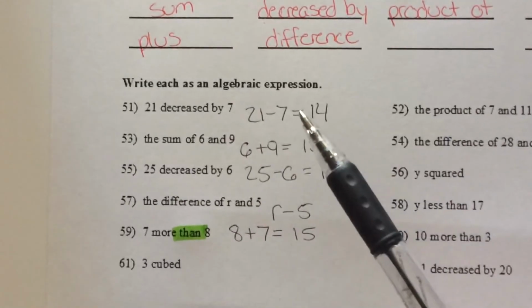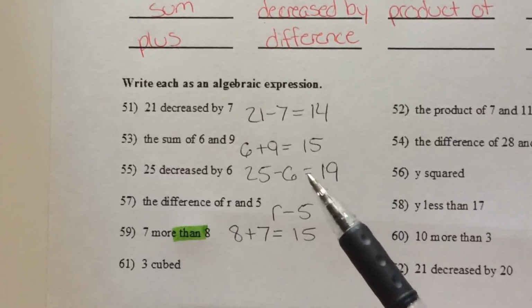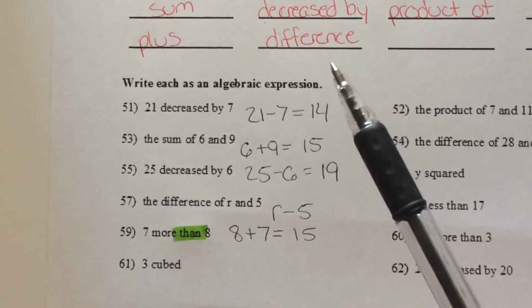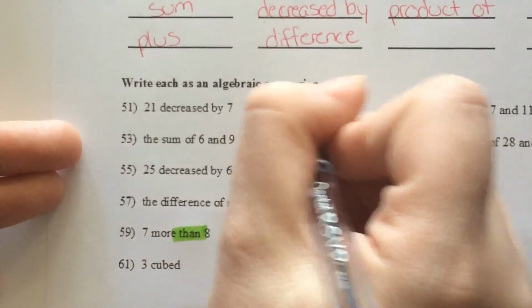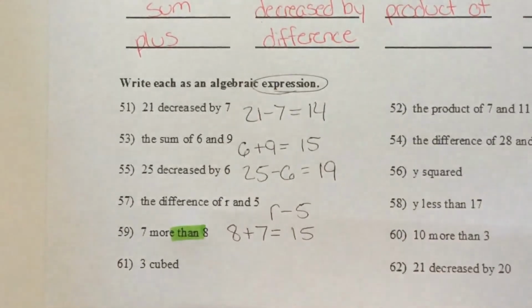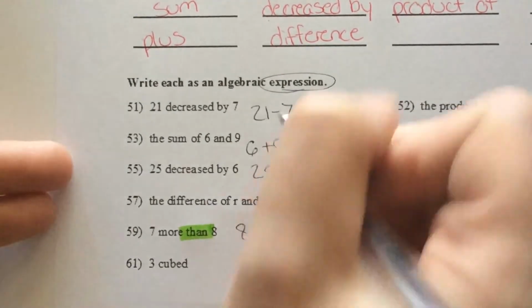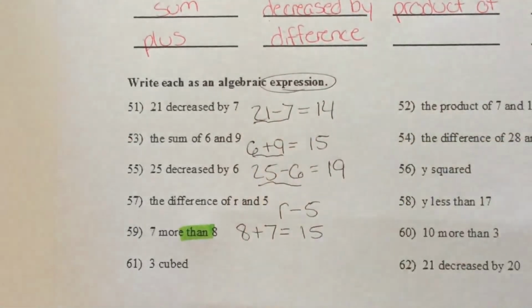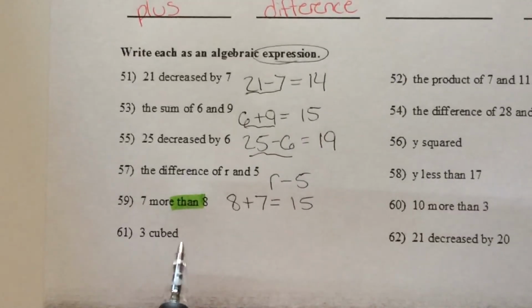Now, you're noticing by now, hopefully, that I am actually solving these with an equal sign. And to be honest, I probably shouldn't be doing that because we are talking about expressions and not equations. But it's no big deal. If you're solving these, just extra practice. But do realize that the expression is just the part before the equal sign. Okay? 3 cubed.